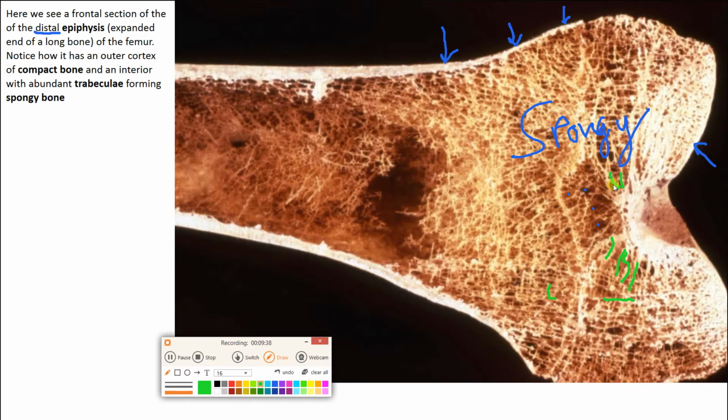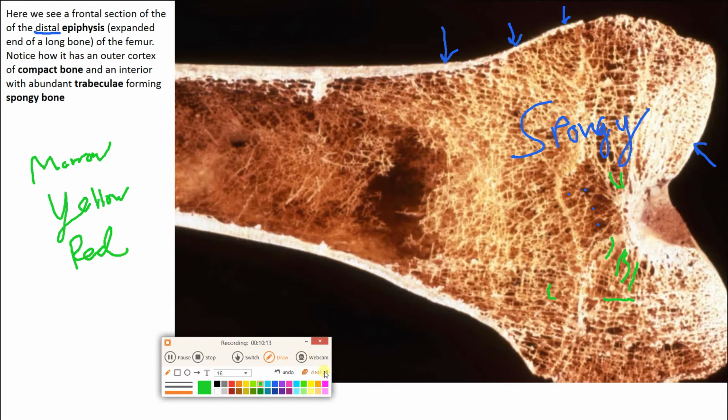Anyway, this is an epiphysis. A shell of compact bone, and then an interior with spongy bone, lots of trabeculae, and we've got space in there as well. Now, what is that space for? The space in there is going to be for marrow. And as we'll talk about in lecture, you have two types of marrow. You got yellow marrow, which is for fat storage, and red marrow, which is for blood cell production.